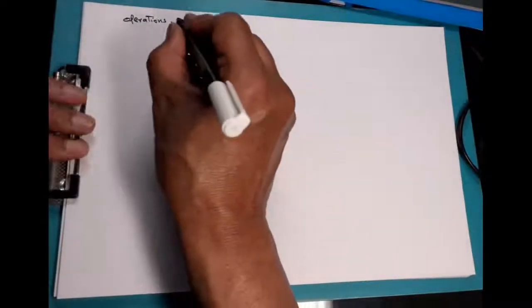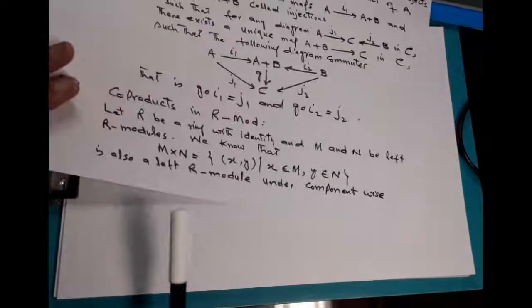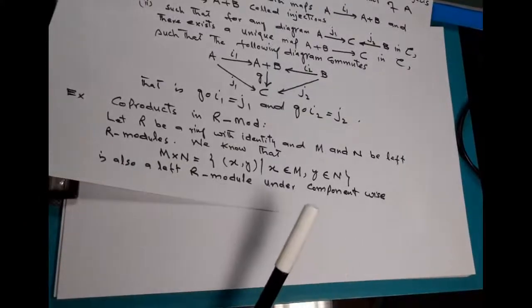So we claim that, it may look a little strange to you. In our previous session, we have proved that M cross N is the product of M and N in the category of R modules. Now we are going to prove that the same object M cross N is a co-product as well. Let me repeat it.